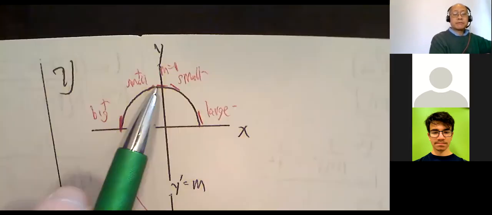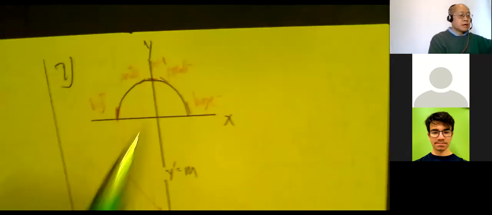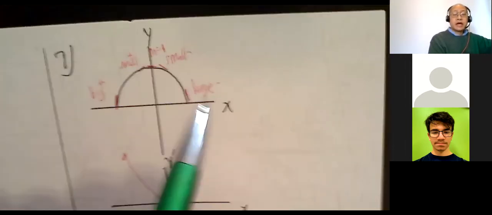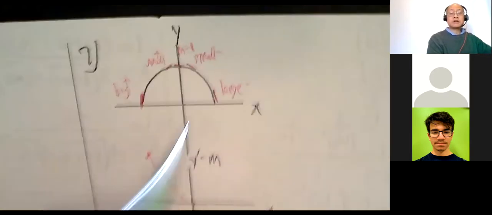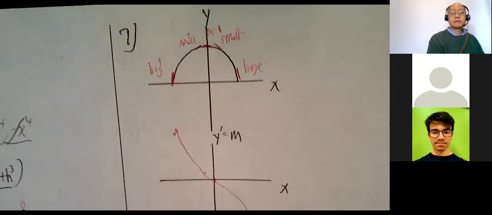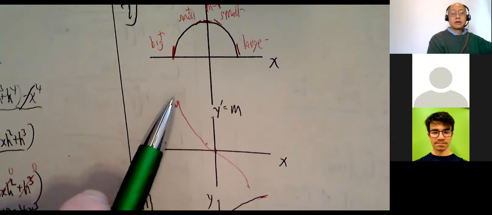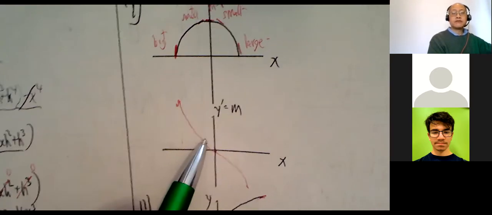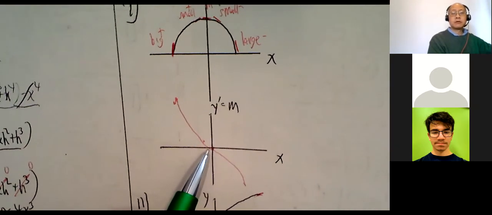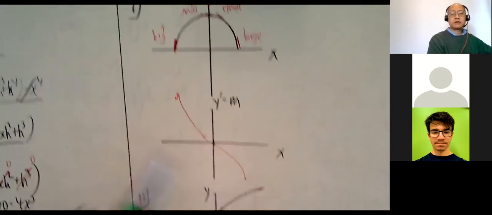And what's the slope at the top? 0. And then I have a small negative. By the time I get to here, you're almost going like that. It's a large negative. All right, here we go: big positive, small positive, 0, small negative, large negative.